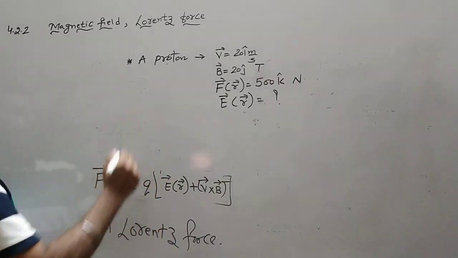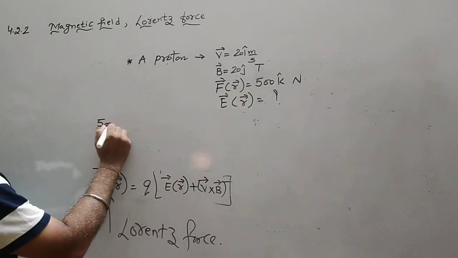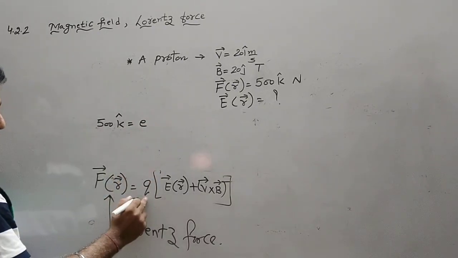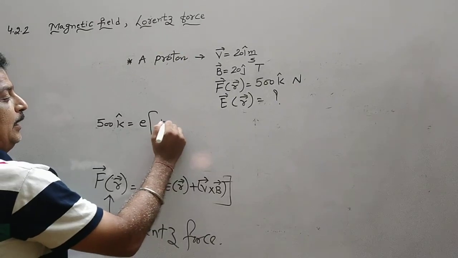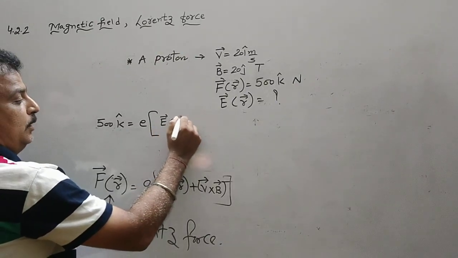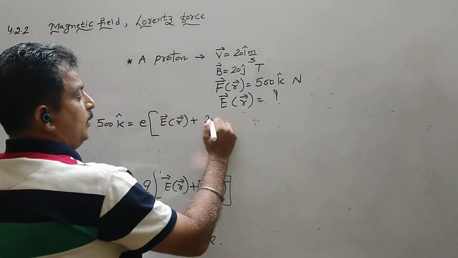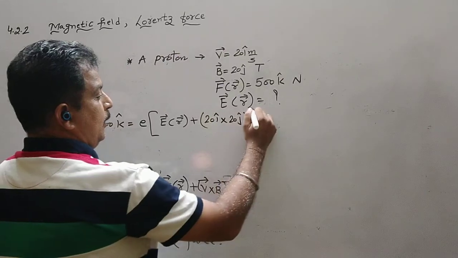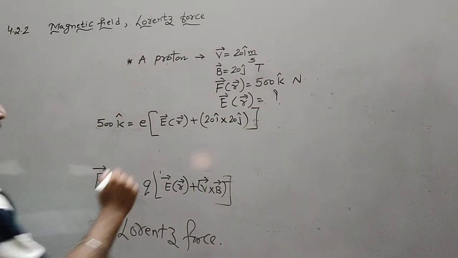So if I use this formula, the resultant force is 500 k. Instead of Q, I write e for the proton. E, the electric field, has to be found, plus e times v cross B, that is 20 i cross 20 j. So this is how we apply the formula.